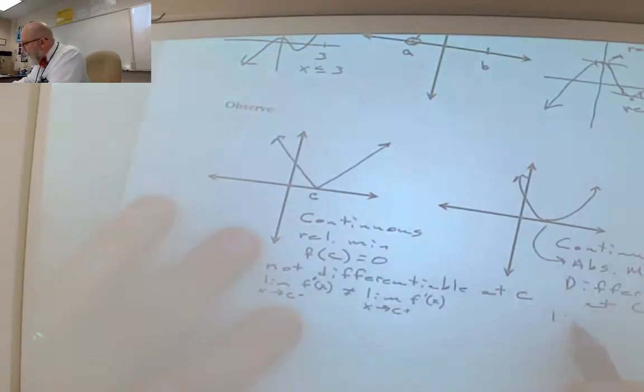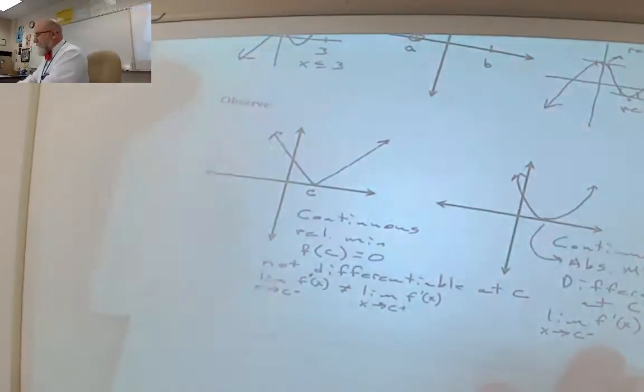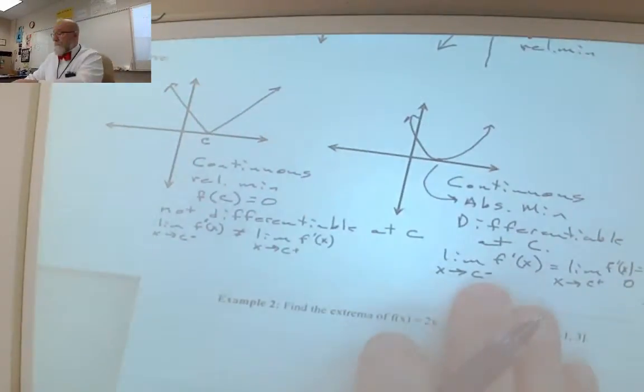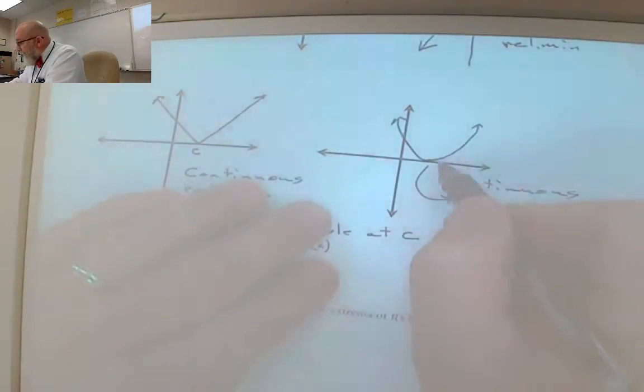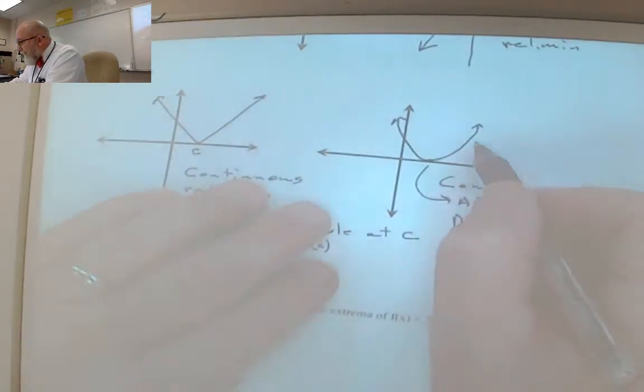Because the limit as x approaches C from the left of the derivative is equal to the limit as x approaches C from the right of the derivative, and that number is 0. You could see that. If I look at the tangent lines, they start to decrease, right?